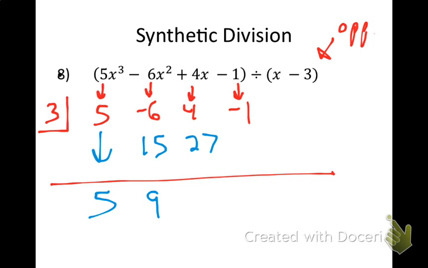Wait, would you switch them? 3 to negative? No, because it shows negative here. Alright. So I do the opposite there.